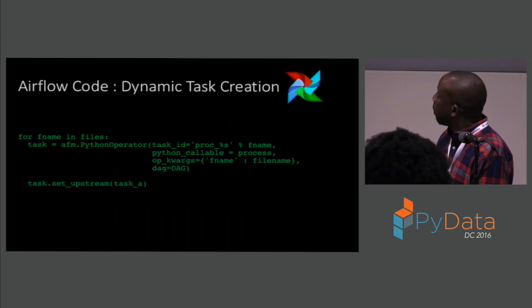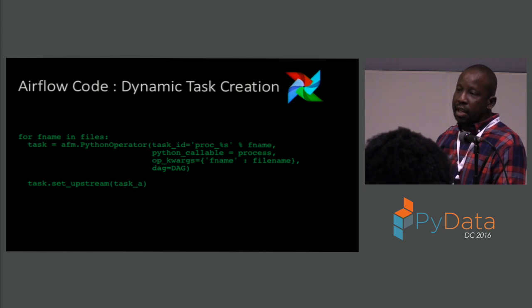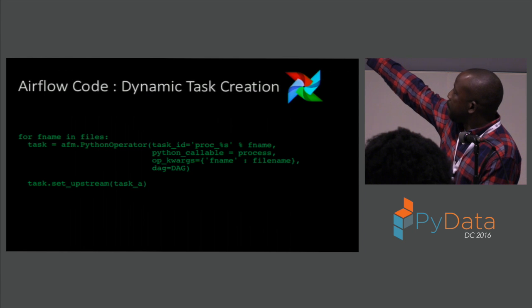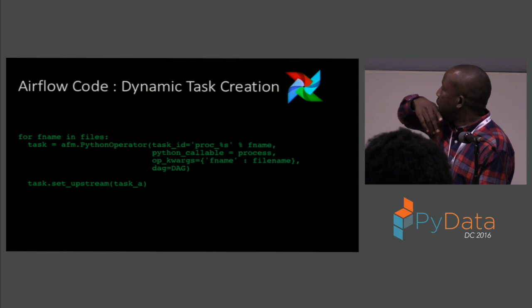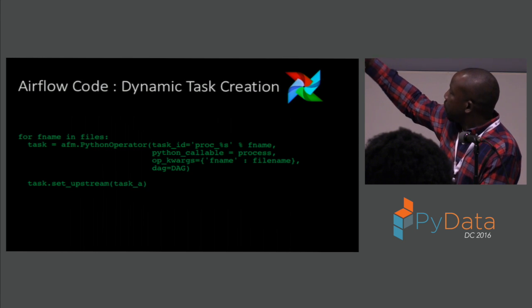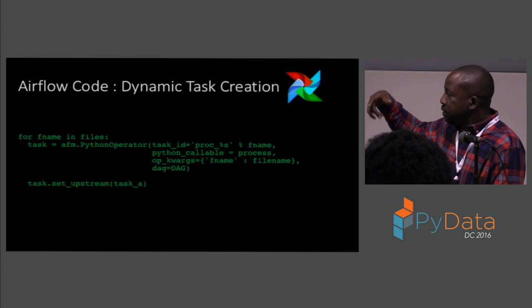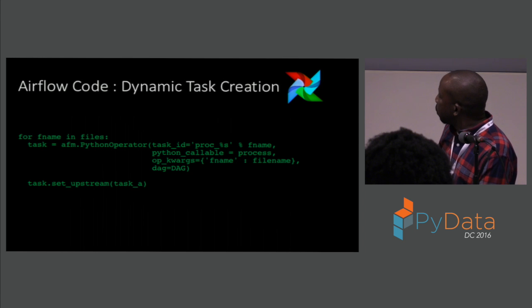So another nice thing about Airflow is that you can basically have dynamic task creation. Let's say, for example, you wanted to run something on a set of files. You basically want to execute the same operation on the set of files, and the names of these files are parameterized in some way.